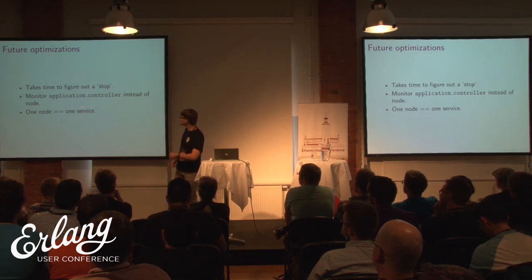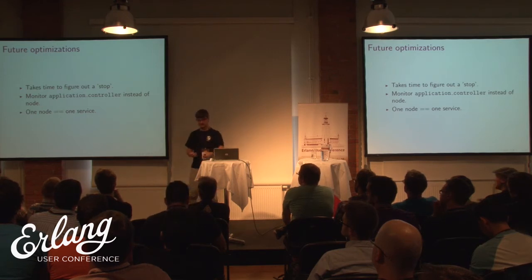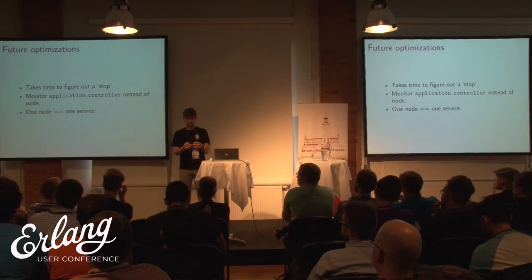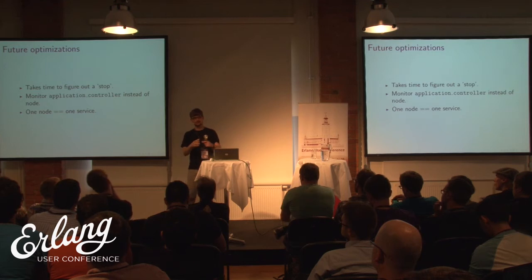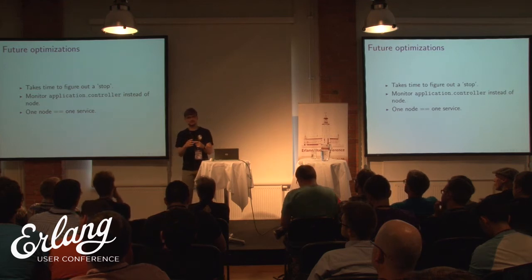There's another optimization that is quite a low-hanging fruit, but we just never needed it. Now we monitor the node for the service, but we could monitor the application controller instead. That would reduce the same downtime window.